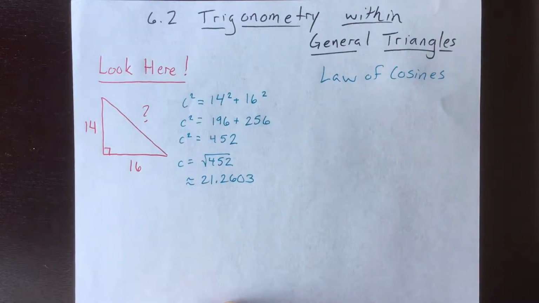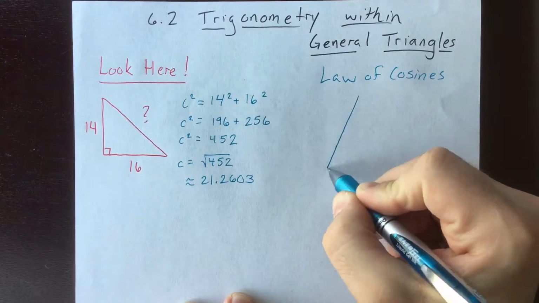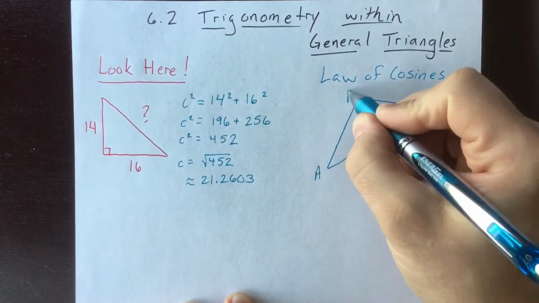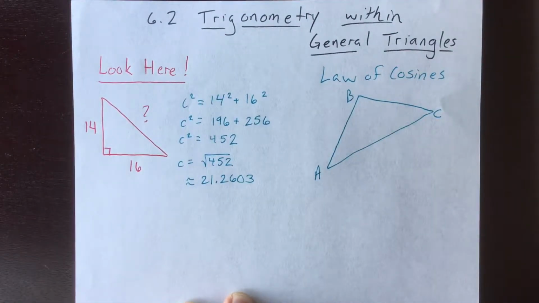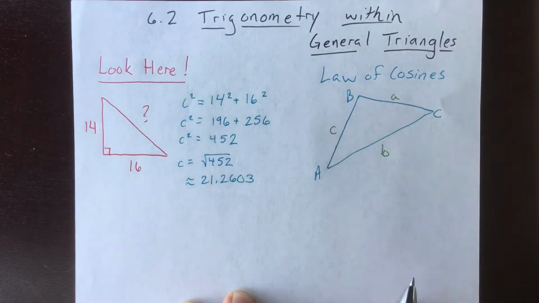And what it says, we first examine just a general triangle with our ABC, and then our lowercase a, b, c.